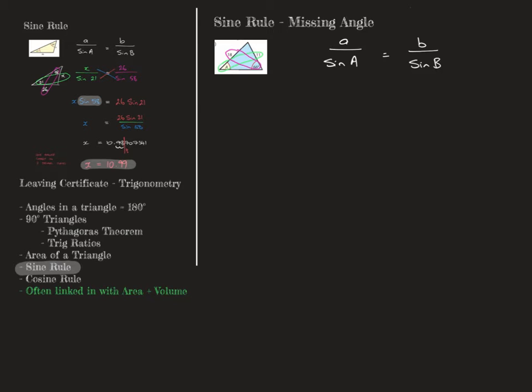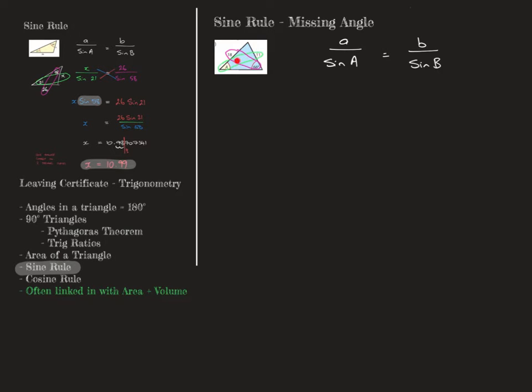What you need to do is look at what you have. We're going to do the first fraction first. Like I said in the last couple of questions, I always put the unknowns in the first fraction, and A here is the unknown.